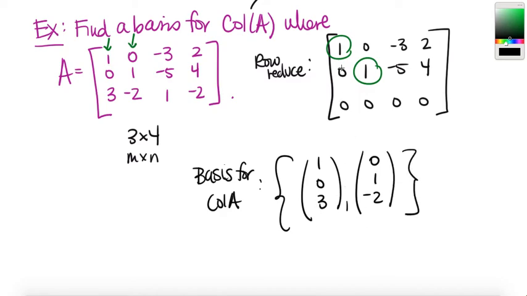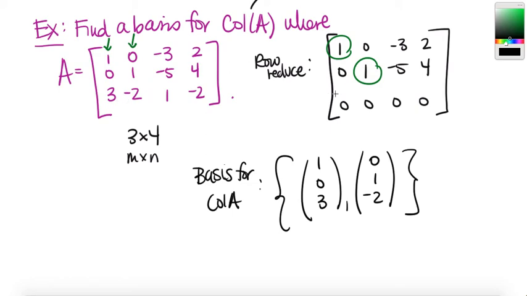And note, we don't just want these 2 columns over here, because all we could get is vectors with entries in the first 2 components. Because there are zeros here, we're never going to be able to get non-zero things. But the original columns have a bunch of non-zero stuff down here, so we need to be able to get non-zero stuff.